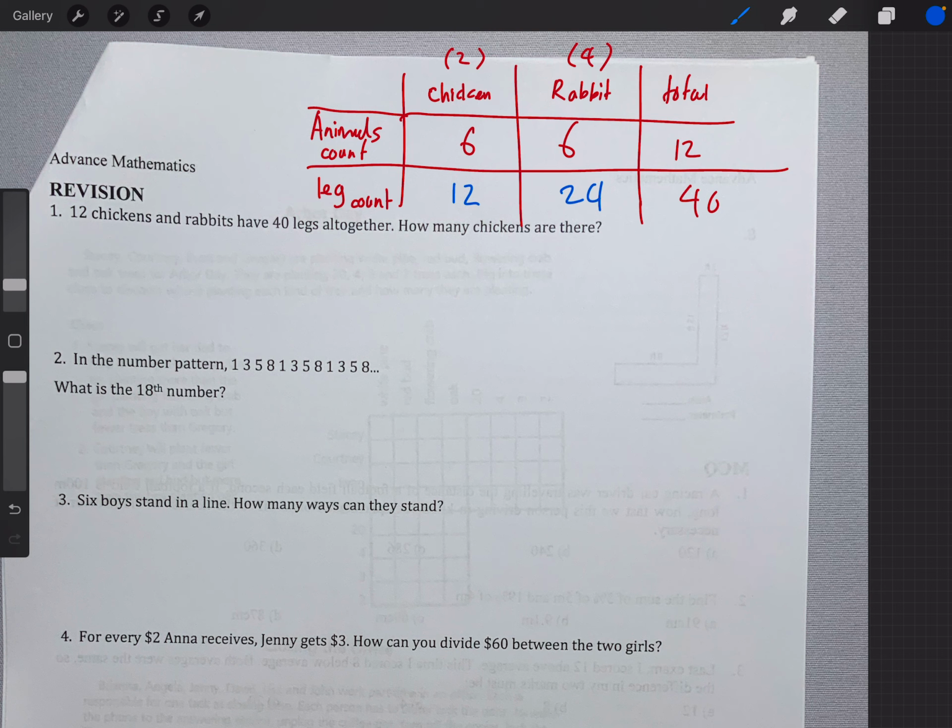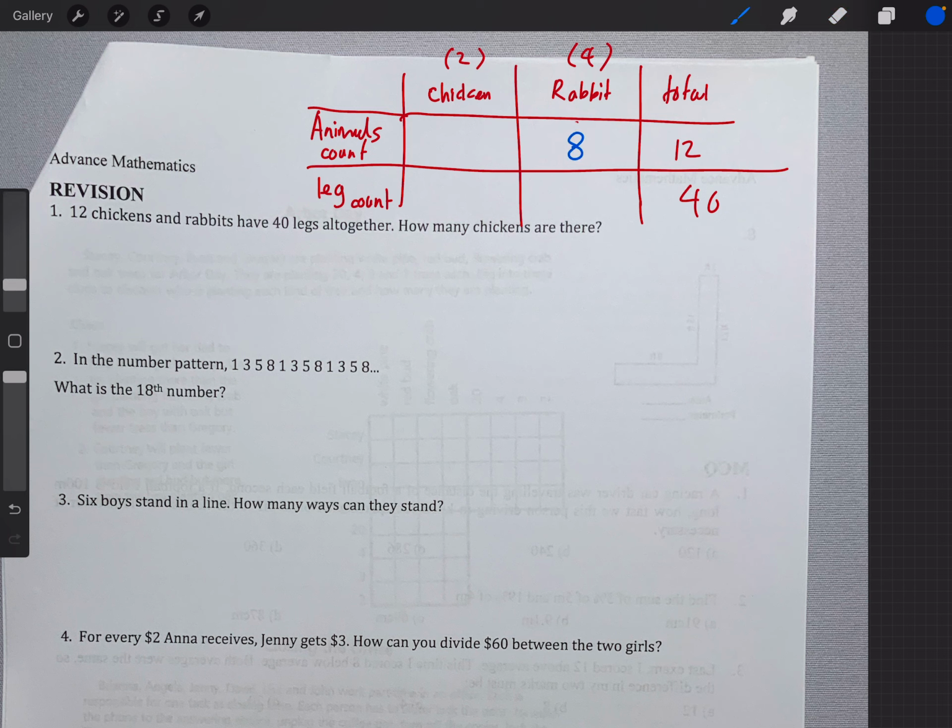We've got 36 altogether. We want 40, right? So we want this number 36 to be higher. To make it higher, you have to increase the rabbits. I'm going to increase the rabbits to maybe 8. Let's rub this out. Before, we guessed 6, but let's guess 8 instead.